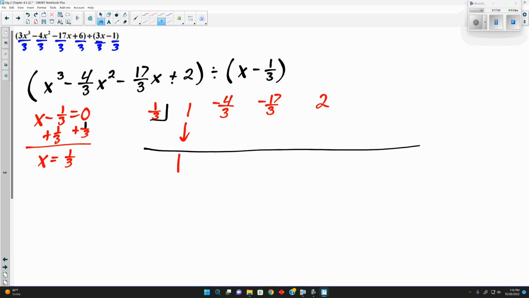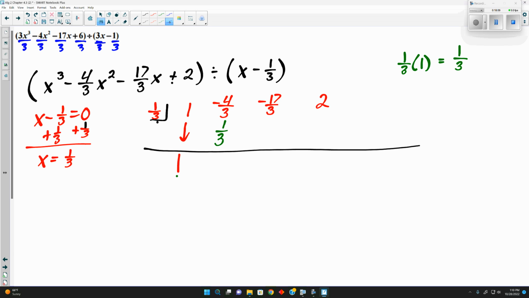Now for most of this here, you can use a calculator. You can use a calculator for this whole thing. Because again, our first step is to multiply 1/3, and so we do 1/3 times 1, which is 1/3. Now we are going to add straight down, yes?